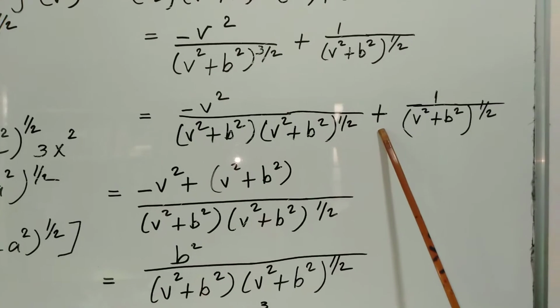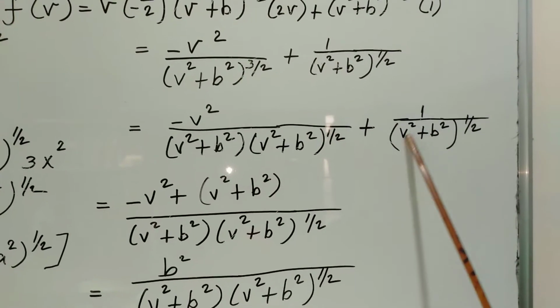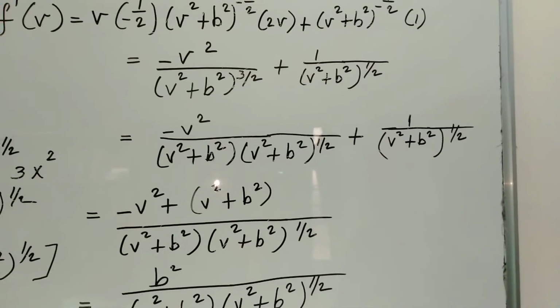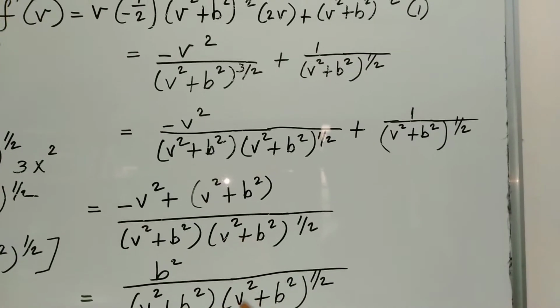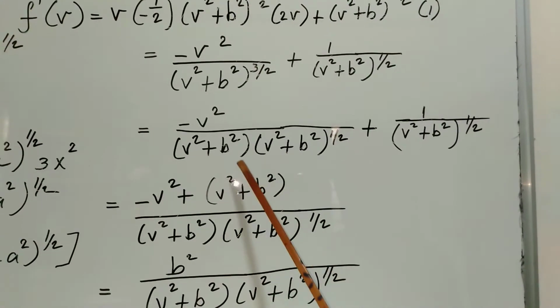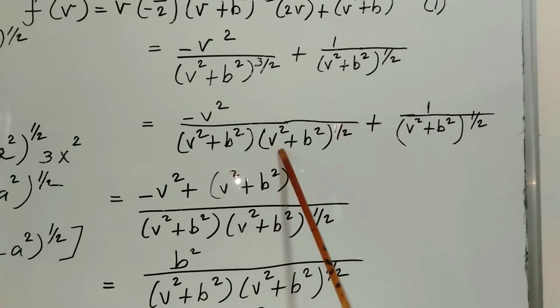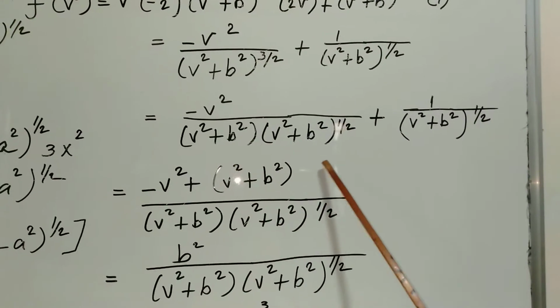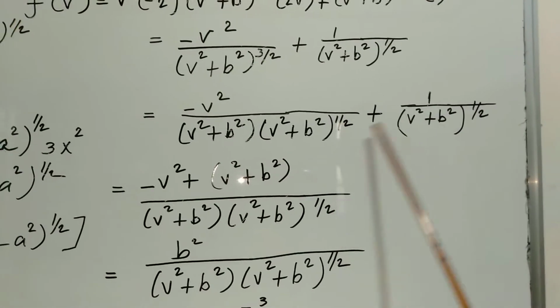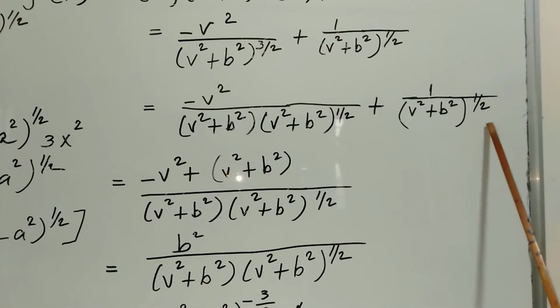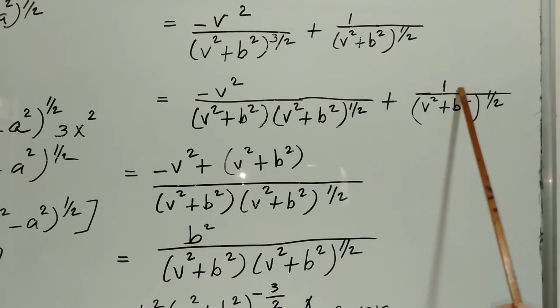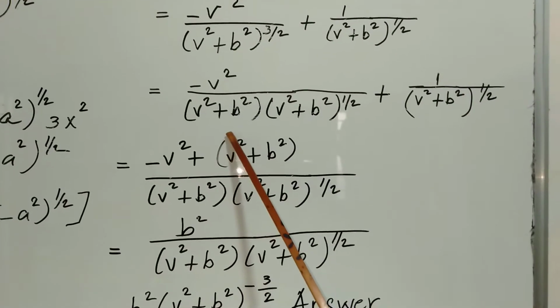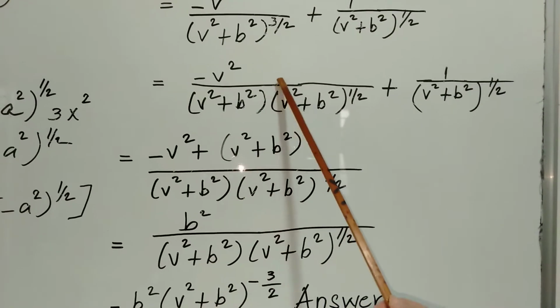Plus, just copy this one, 1 over b squared plus b squared raised to 1 half. So, the LCD is this polynomial here. The LCD is this one. So since this one is 1 half only, we multiply the numerator by b squared plus b squared raised to exponent 1. No?